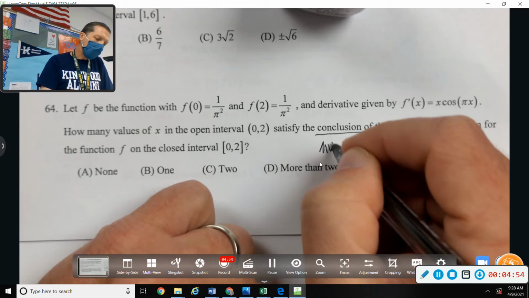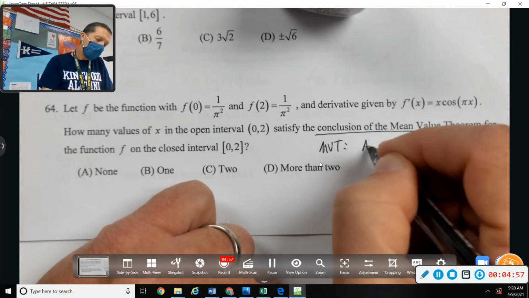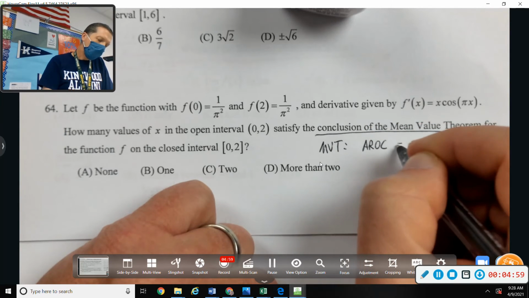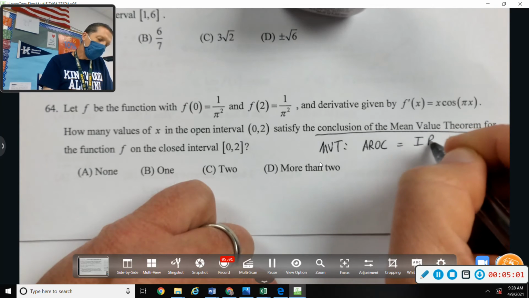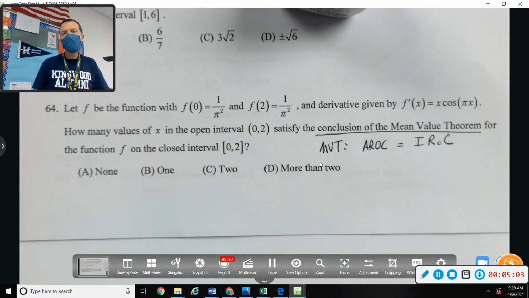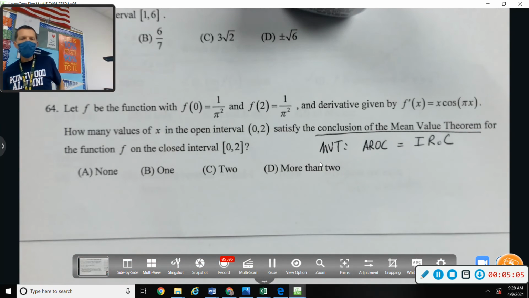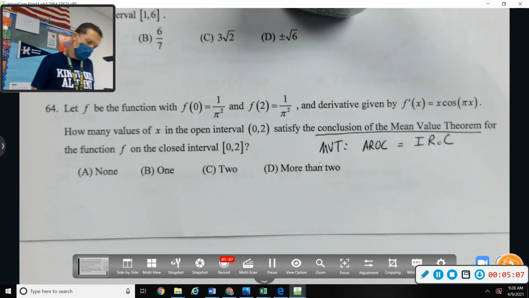Well, the mean value theorem says that the average rate of change equals the instantaneous rate of change, provided that the function is continuous and differentiable.